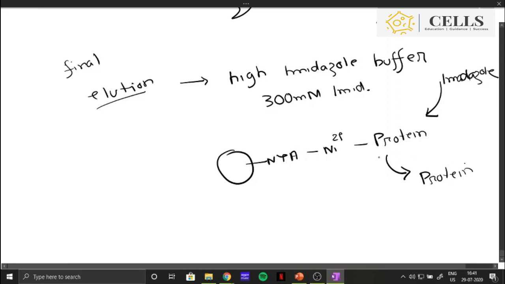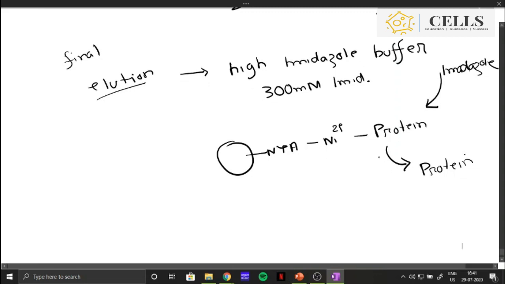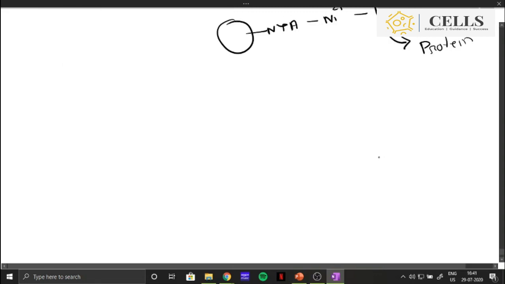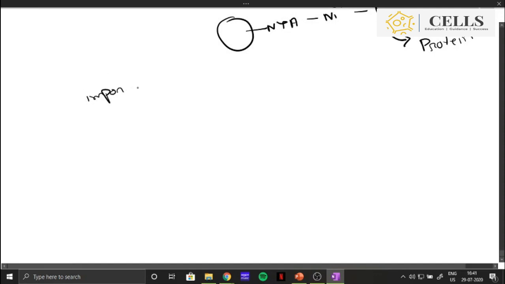So after adding imidazole, you will get the protein in the elution fractions. That is the importance of imidazole.